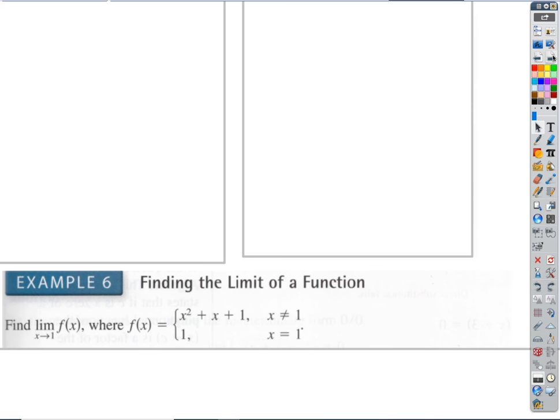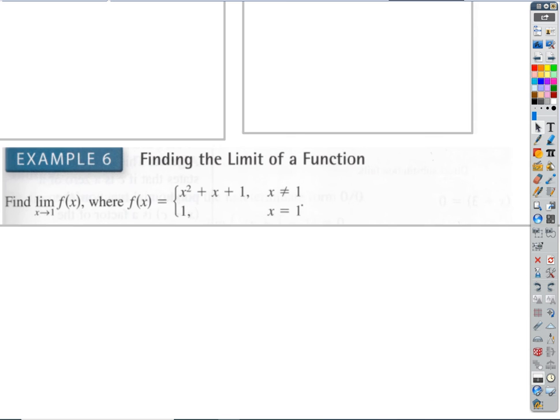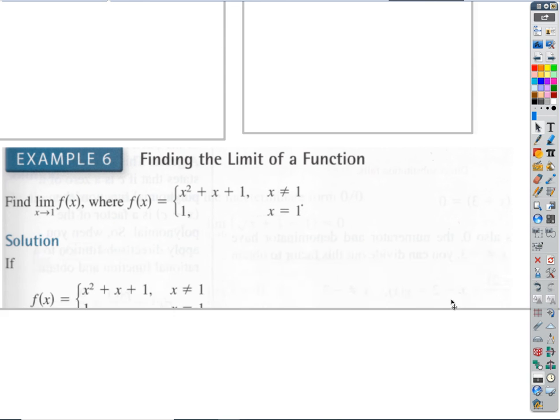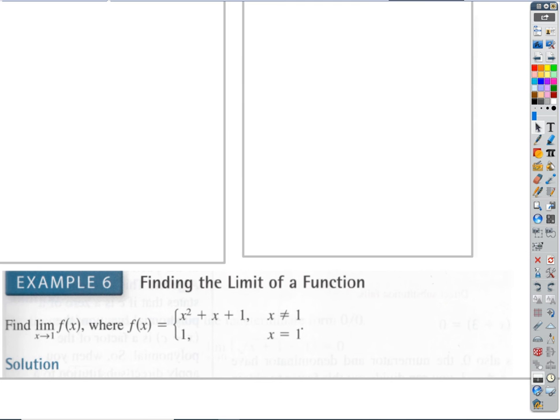Okay, so what about something like this guy here? Let's take this piecewise function. F of x equals x squared plus x plus 1 whenever x is not equal to 1. And when x equals 1, the function is defined as 1. If I look at a graph of that, let's see, is there a graph of that somewhere? I think there is, right here, I bet.